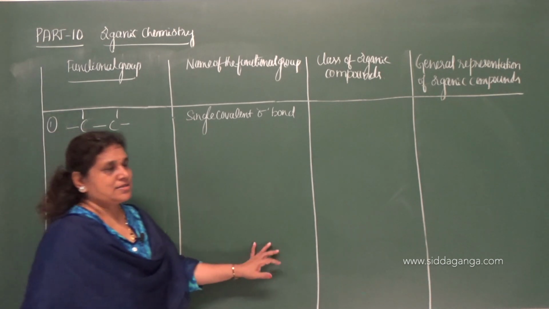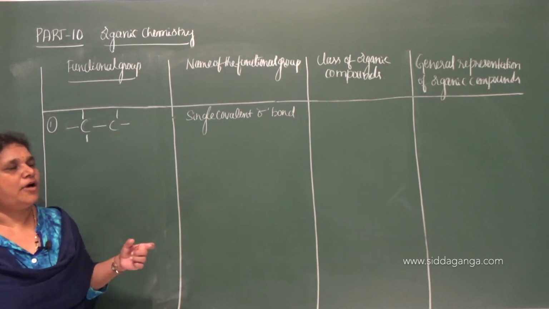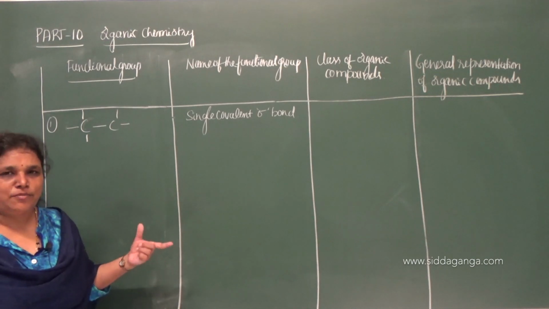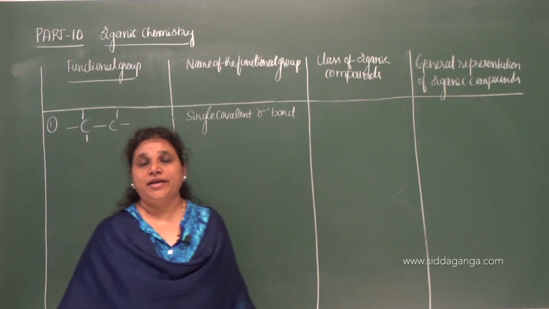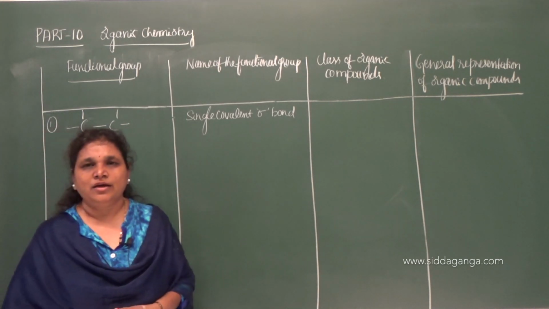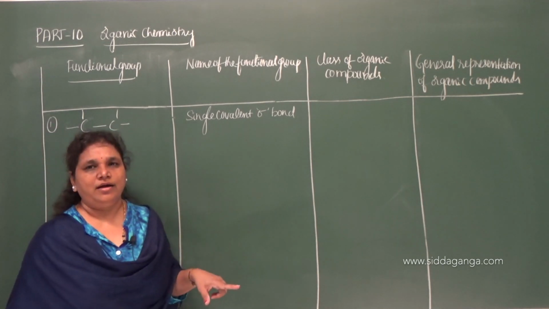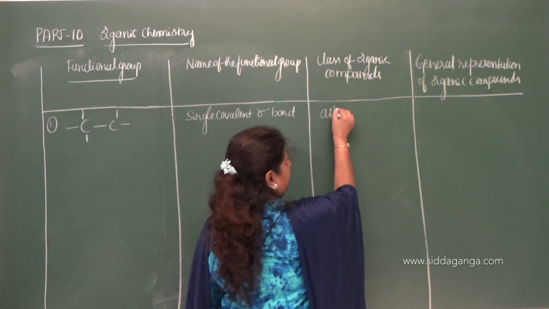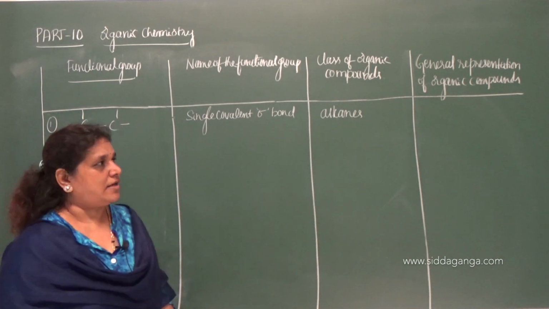Now, what is the class of organic compounds where we have only carbon to carbon single sigma bond? When only carbon to carbon single sigma bond is present, you can define it as aliphatic saturated organic compounds, which contain only carbon to carbon single sigma bonds and are called alkanes. So the class of organic compounds is alkanes.